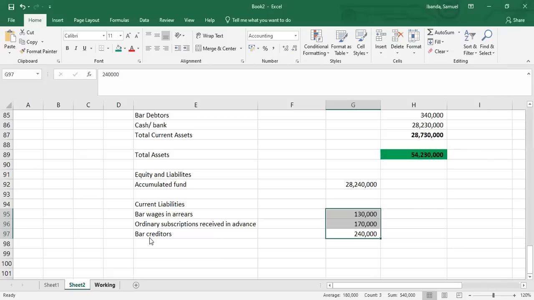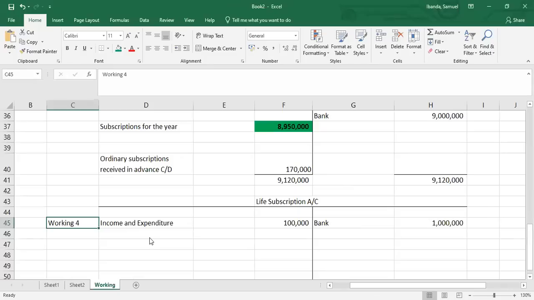We had a balance carried down. Remember, balancing of this account, 1 million.